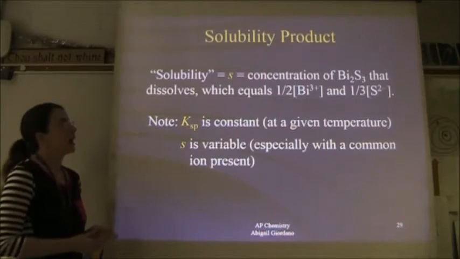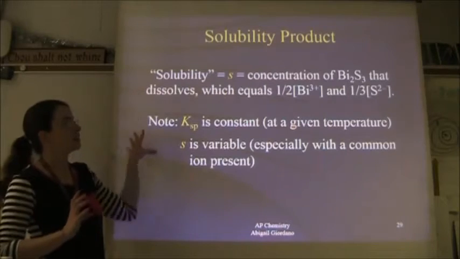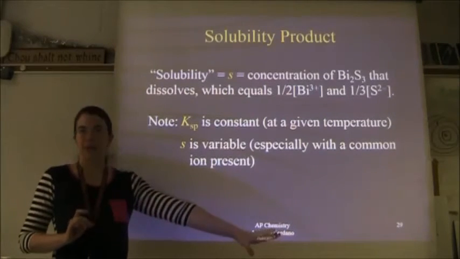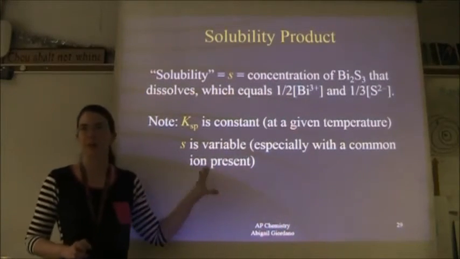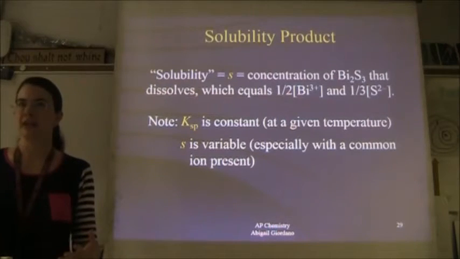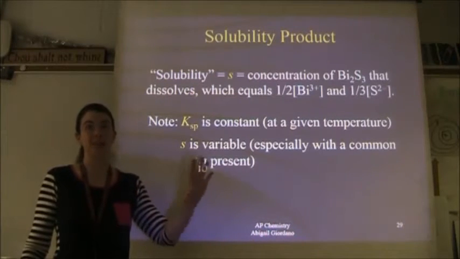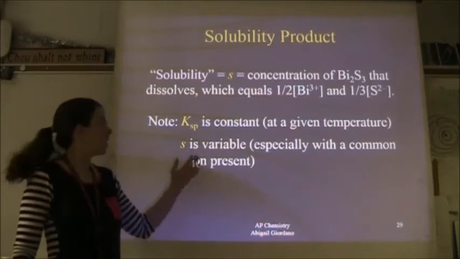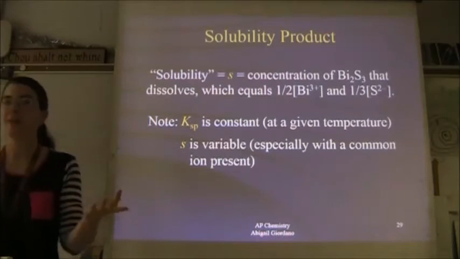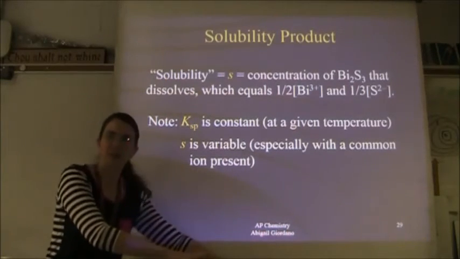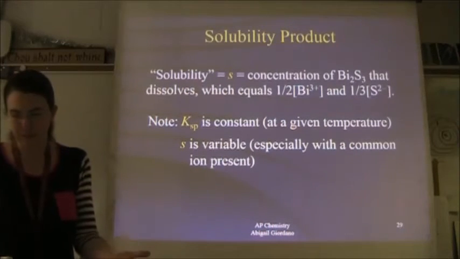I want to make a connection between this section and acid-base. Solving for s in a KSP problem is the same thing as solving for x in a WOMIX problem. I could have just as easily used the variable x. I only chose the variable s to distinguish KSP problems from acid-base problems, but it's solving for the same thing. So what do I mean by that?